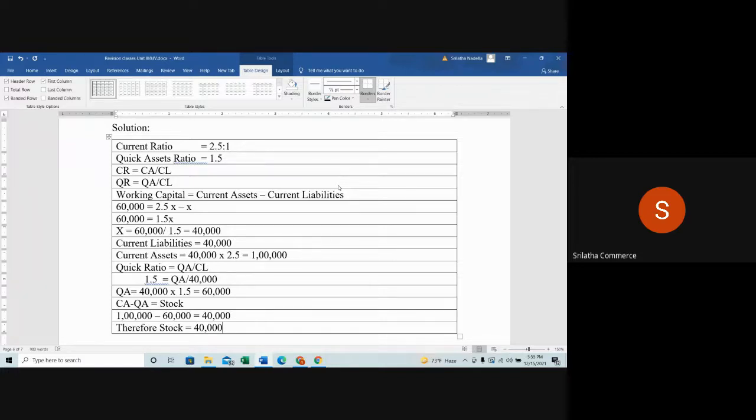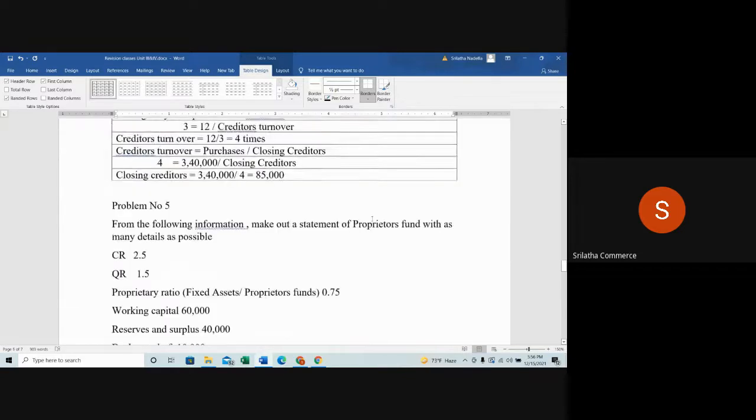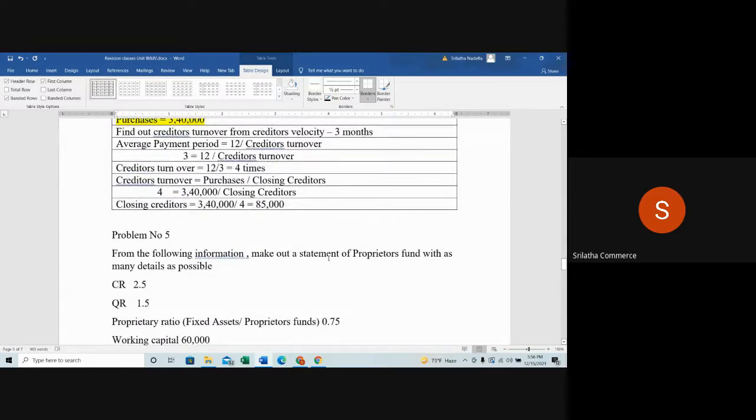So we got current assets, we got current liabilities. In current assets, we were also able to calculate stock. He's asking you all to find out as much information as possible to make a statement of proprietor's fund with as many details as possible.